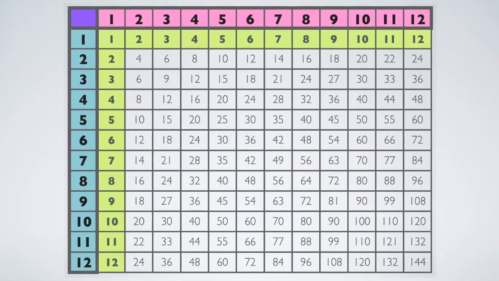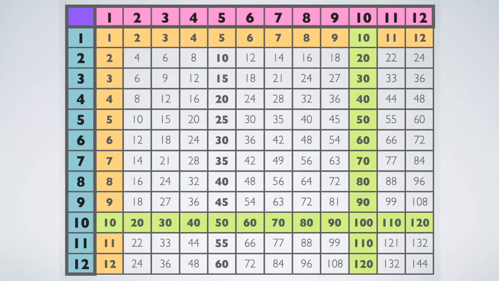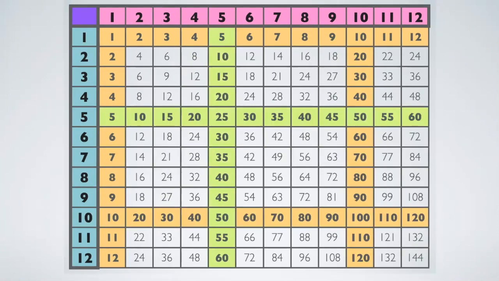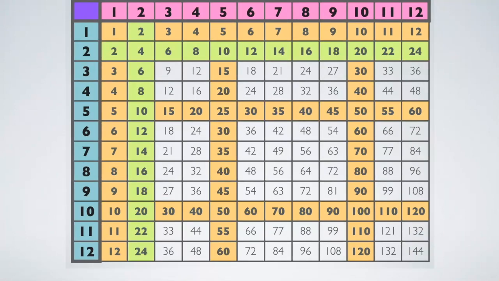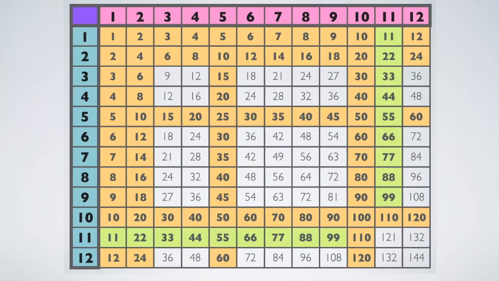You might start with the ones and the identity property, then perhaps link to place value and the tens. Then maybe skip counting by fives or skip counting by twos. Then replicating that identity property with ones, now you could do that with tens and ones when practicing multiples of 11.